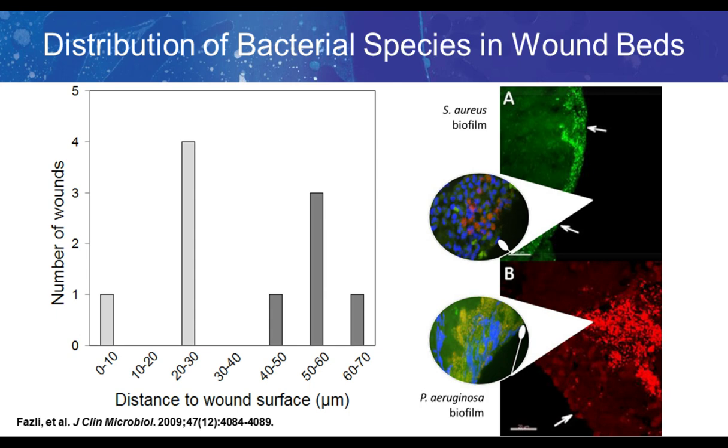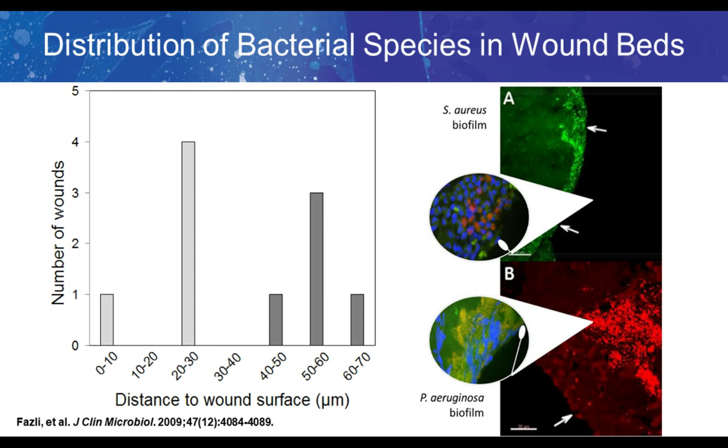Now, another important concept to understand about the biofilm is that it's not located just on the surface of the wound bed. In fact, wonderful data from Dr. Joan Holt's laboratory at the University of Copenhagen showed in panel A that when biopsies of chronic wounds are stained with an antibody that picks up Staph aureus biofilm, you can see that beneath the surface of the biopsy, the arrows at the surface, immunostaining for Staph aureus bacteria and biofilms.